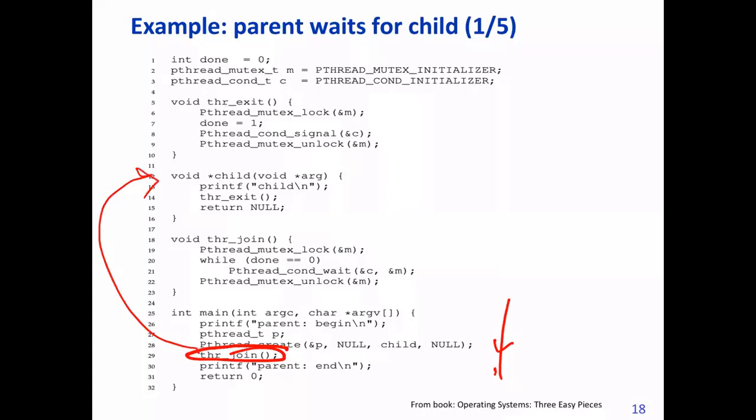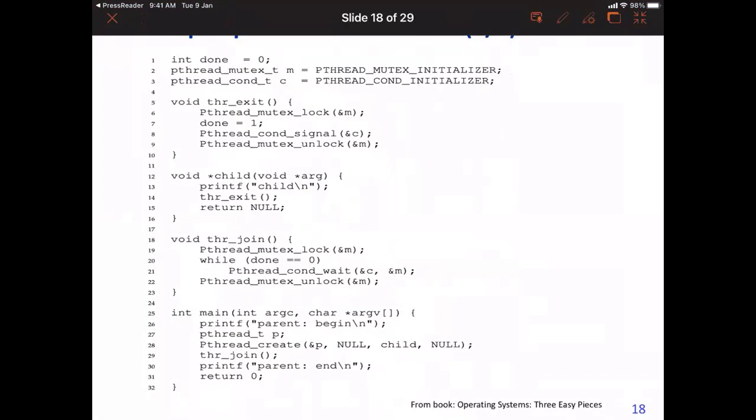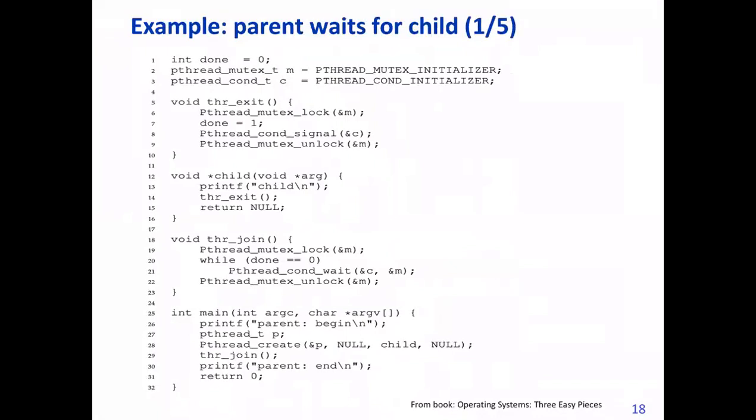The child signals using this, and then the main thread is woken up and continues. That's a simple thing that we have studied, right? The second scenario is, as soon as the child is created, first the parent prints this, parent begin.